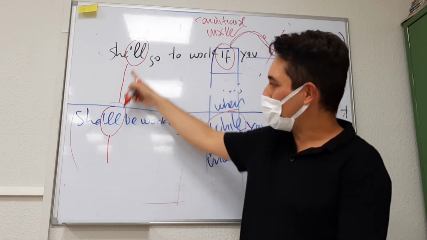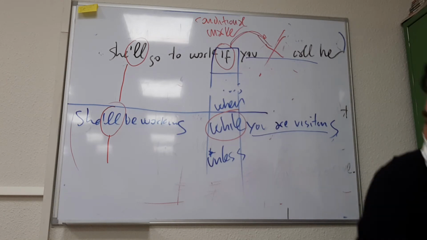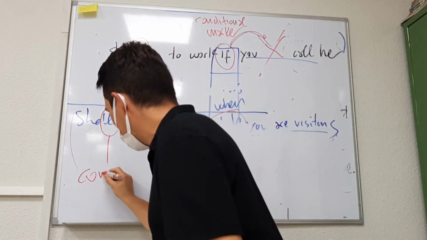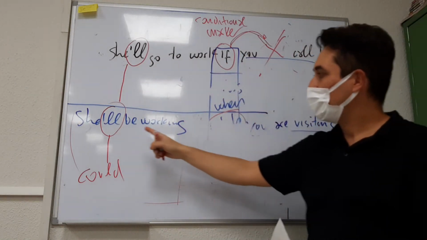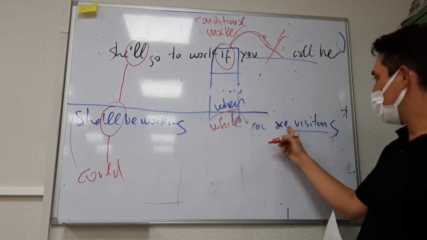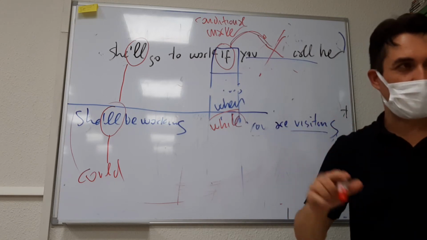Can we substitute will for any other word and it would be okay? Could? Is that a good substitute? She could go to work if you called her. She could be working while you are visiting. Does it sound good to you? It sounds perfectly okay to me.